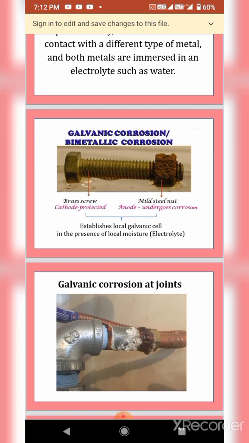Here the anode undergoes corrosion and the cathode is protected. The steel nut will act as an anode, so it will undergo corrosion, and the brass screw will be protected, so it will act as a cathode.